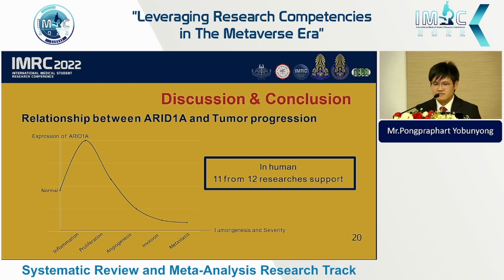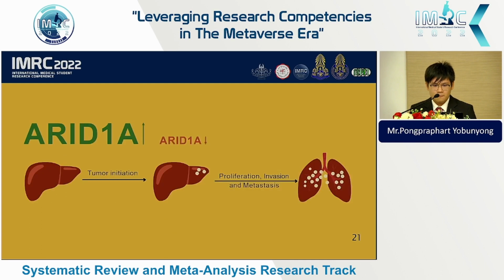The reason we think this is happening is that ARID1A is a tumor suppressor. At the first stage of cancer, we think the cell tries to protect itself against the tumor, hence the high expression of ARID1A. So high expression of ARID1A seems to play a role in tumor initiation, and low ARID1A expression seems to tie in with the advanced stage of cancer in terms of proliferation, invasion, and metastasis.